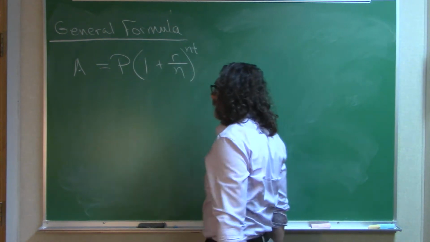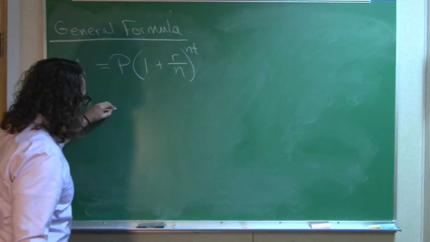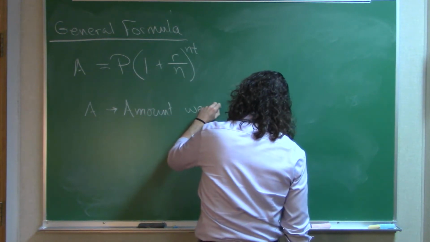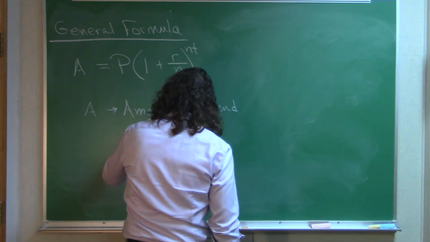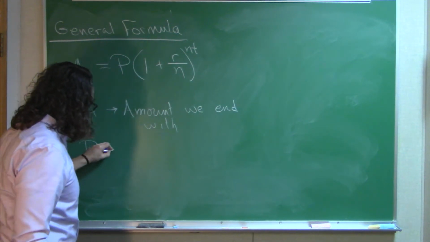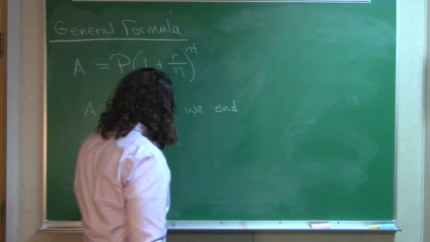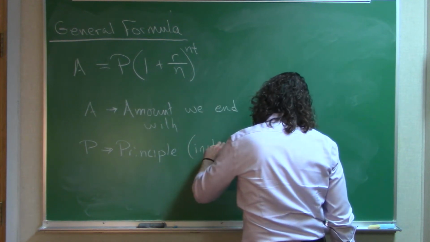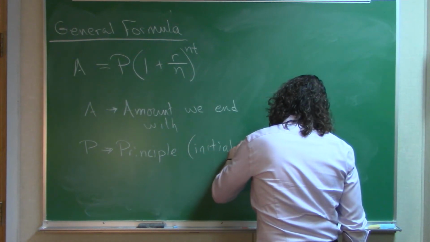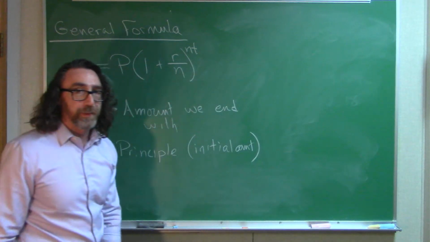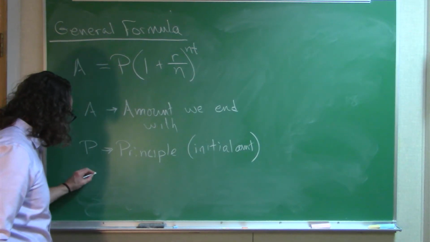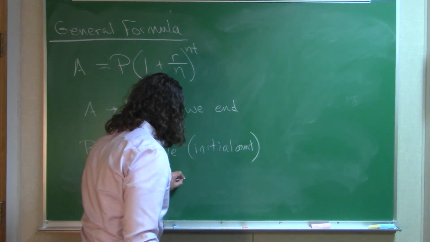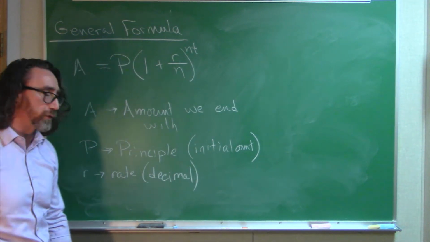And let me go ahead and indicate what the various letters mean. A is the amount we end with, P stands for principal, that's your initial amount, R is the rate, the interest rate, you have to convert that to a decimal when you're doing the computation.